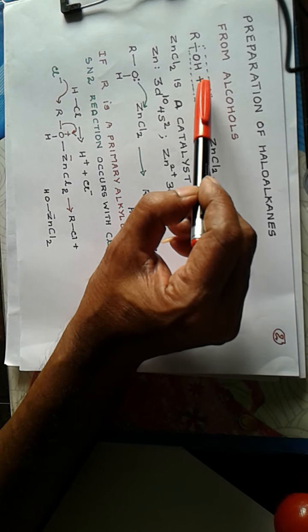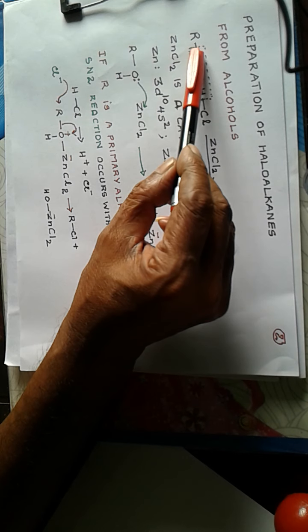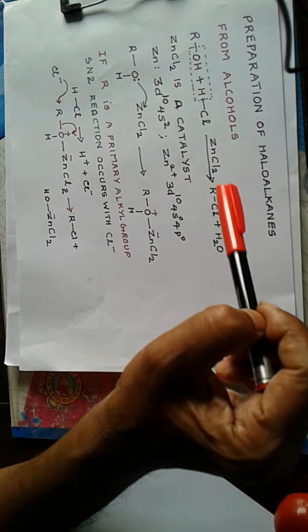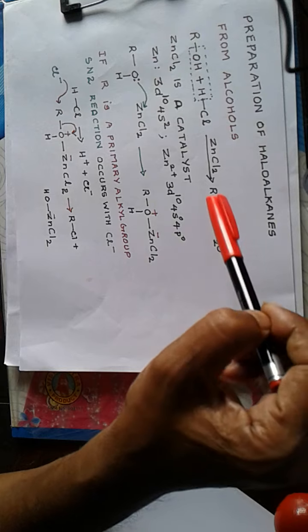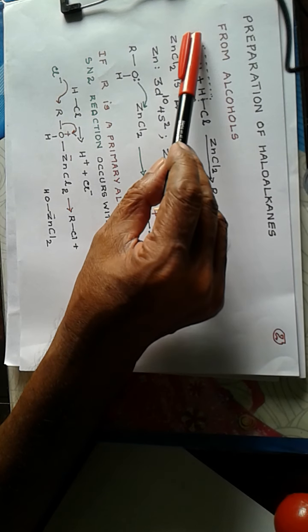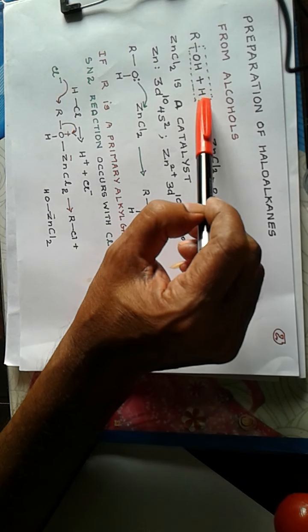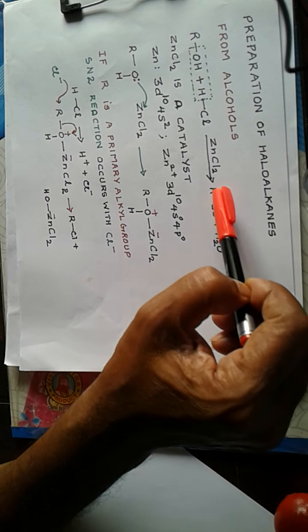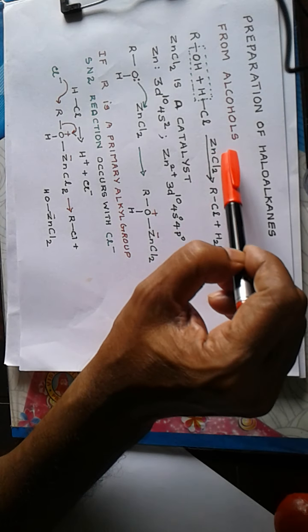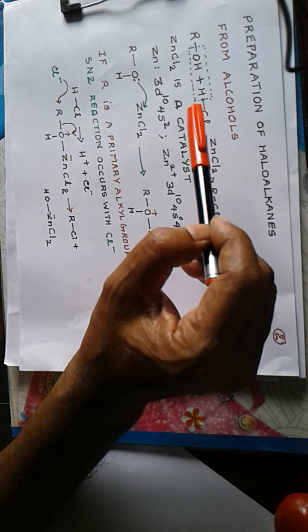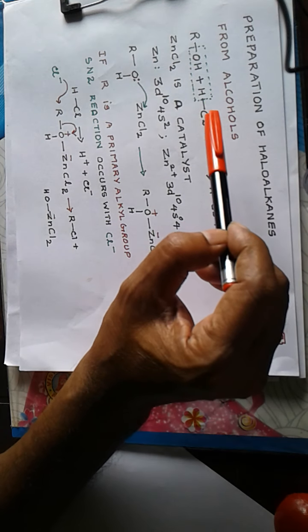The valency over hydrogen combines with the valency over OH, producing HOH or H2O. The valency over R combines with the valency over Cl, forming RCl. And zinc chloride, preferably anhydrous zinc chloride, is a catalyst.